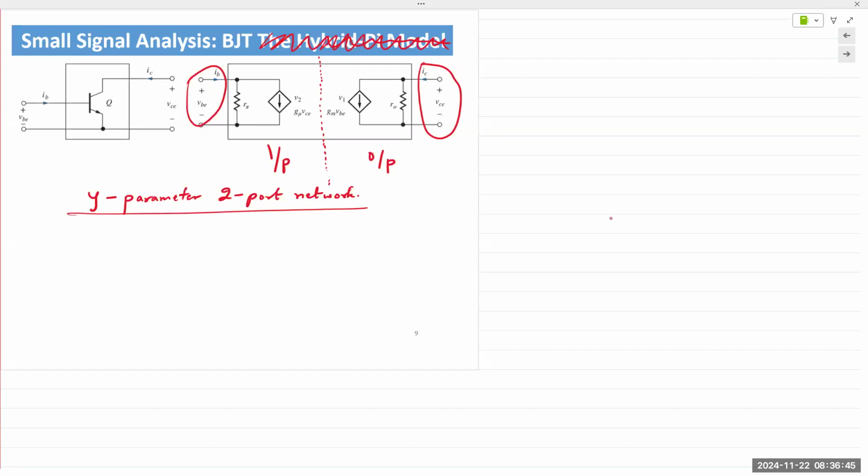So if we write the equation for these two sides, we can write IB and IC as equal to this. So IB, the base current, is G pi times VBE plus G mu times VCE, the input voltage and a combination of the output voltage.